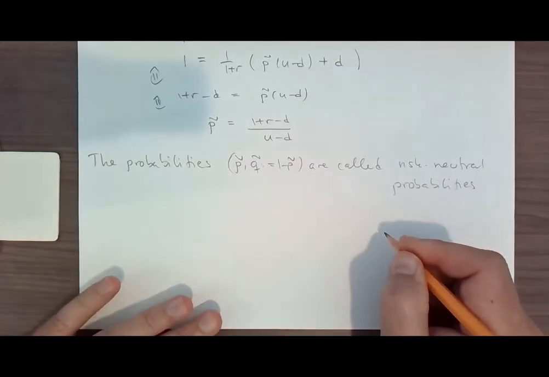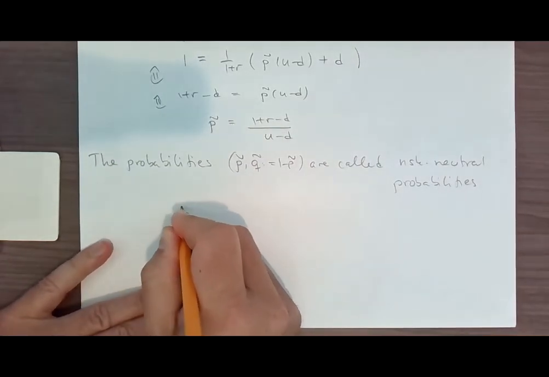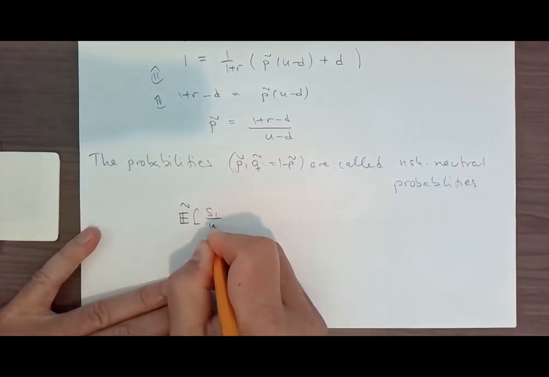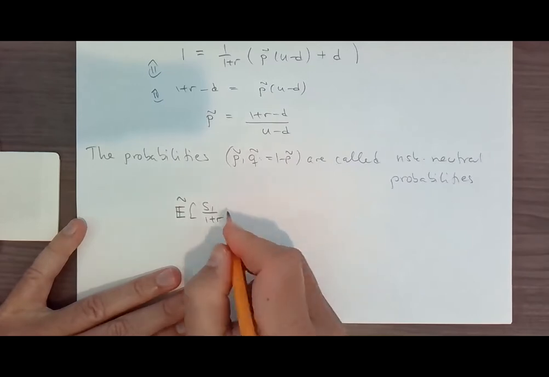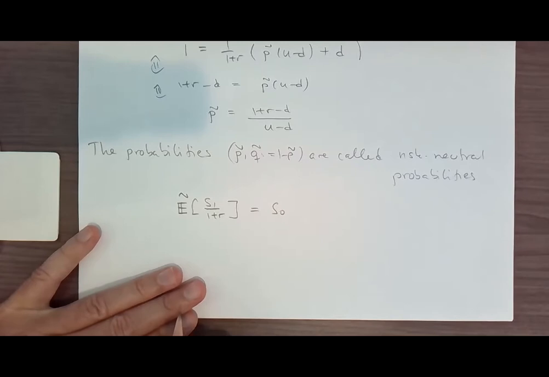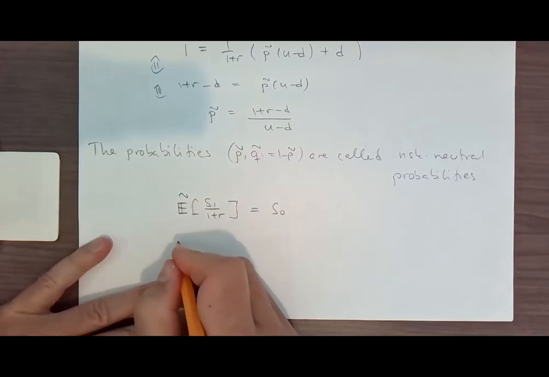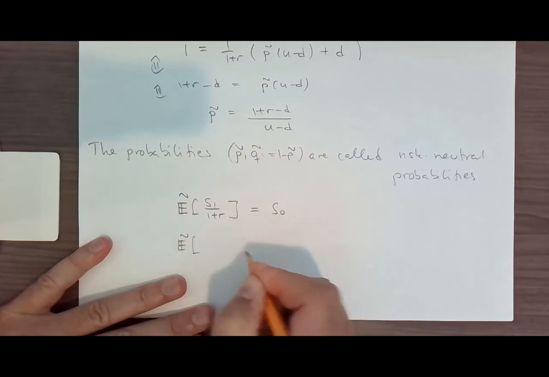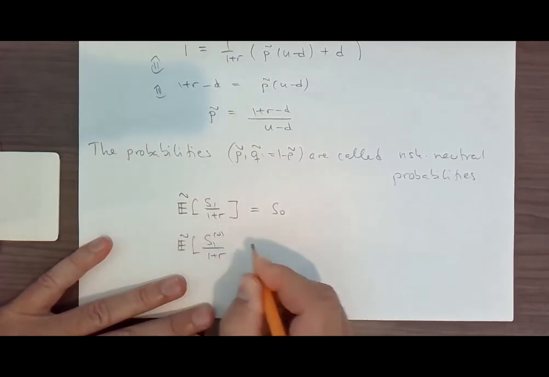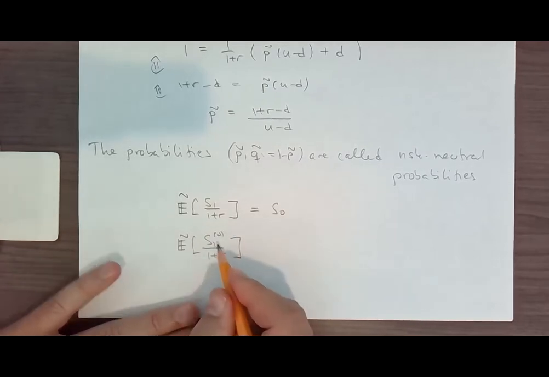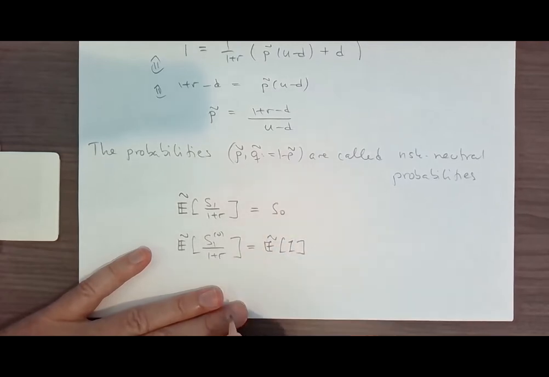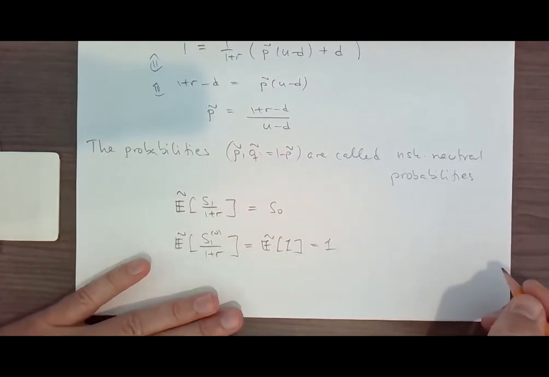And the reason for it is that if I compute the expectation under them of the stock discounted, what I get is 0. And this is the same thing if I were to compute the bank account, because this ratio here is not random. This is equal to the expectation of 1, which is equal to 1.